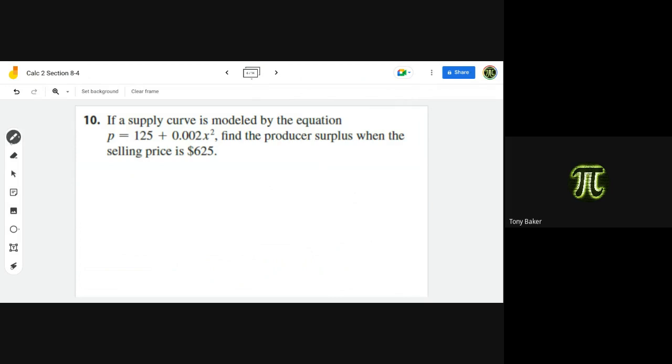As P. That's the P that's there. So it's 625 equals 125 plus 0.002 x squared, minus 500 is what we would want our equation to be. So we get 500 equals 0.002 x squared.